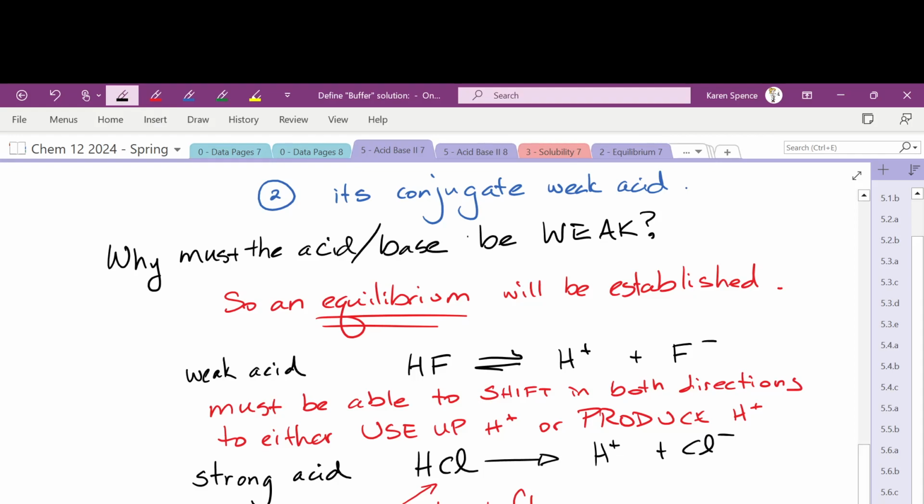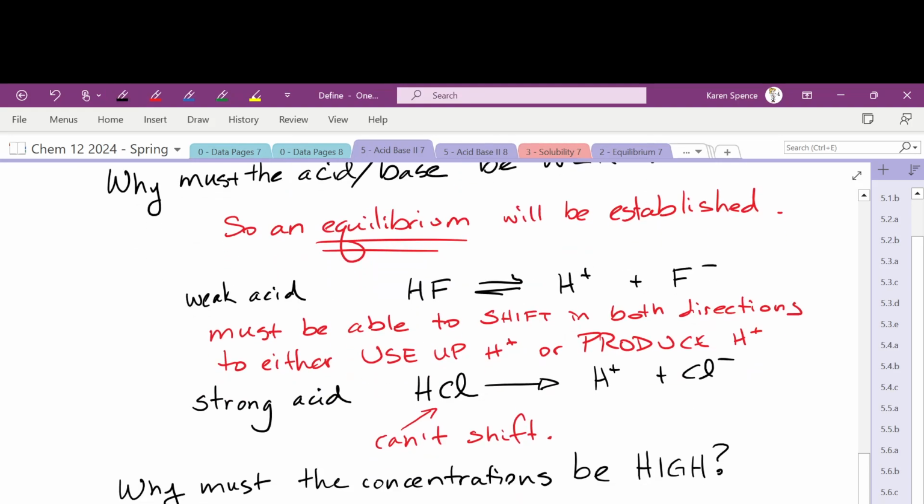Why must the concentrations be high? Chat with your neighbor about that. Why do we need to have high concentrations of the HF and the F minus, or whatever the acid and base are?